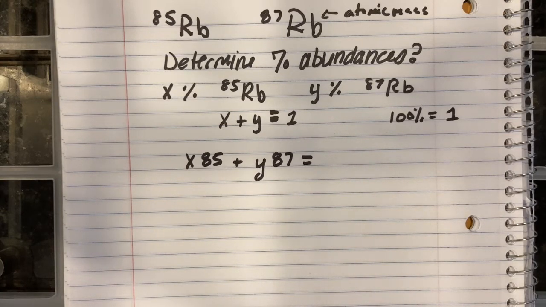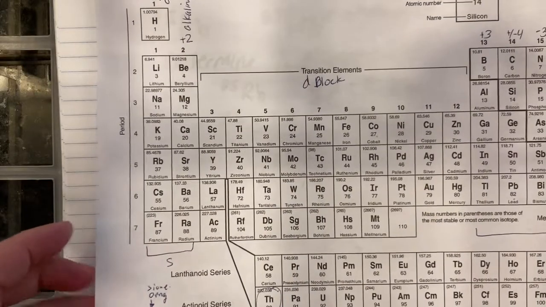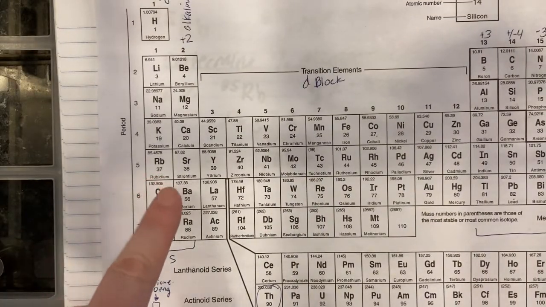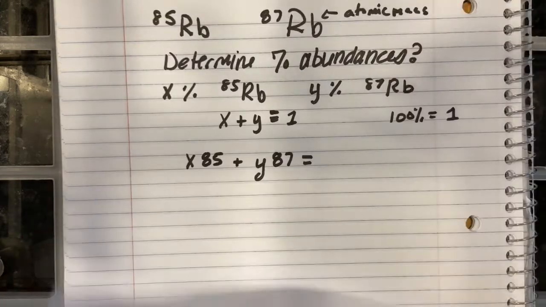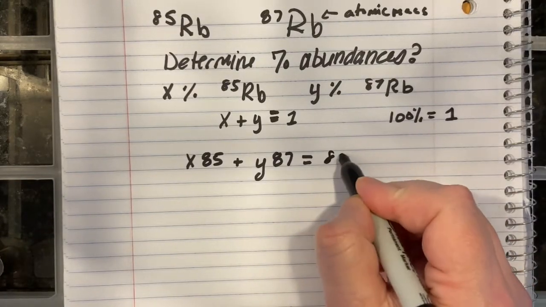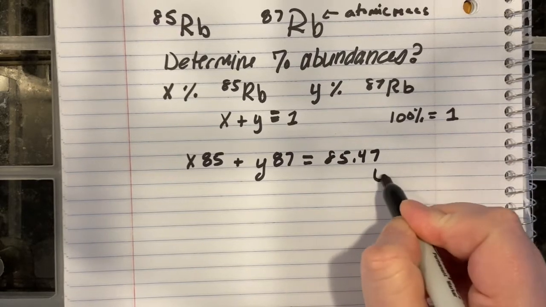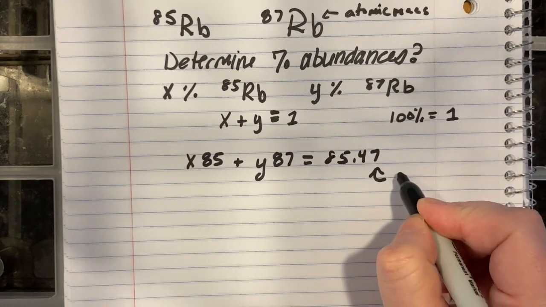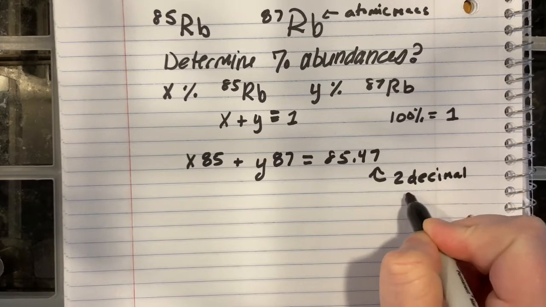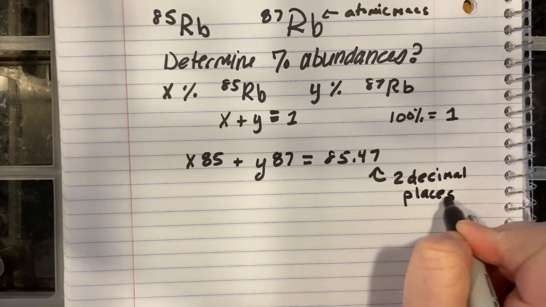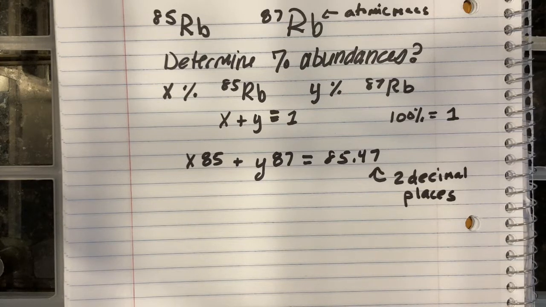So I just get my periodic table out for rubidium, down there in group 1, number 37, 85.47. And I'm going to do that to 2 decimal places. So that's just a good rule of thumb, 2 decimal places. Okay. And now I have 2 equations and 2 unknowns.